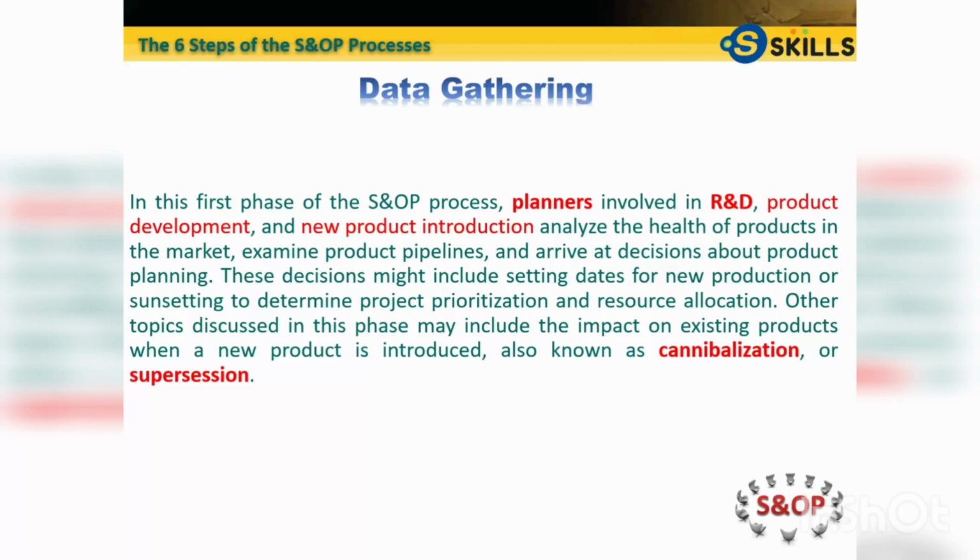These decisions might include setting dates for new production or census to determine project prioritization and resource allocation. Other topics discussed in this phase may include the impact on existing products when a new product is introduced, also known as cannibalization or supersession.